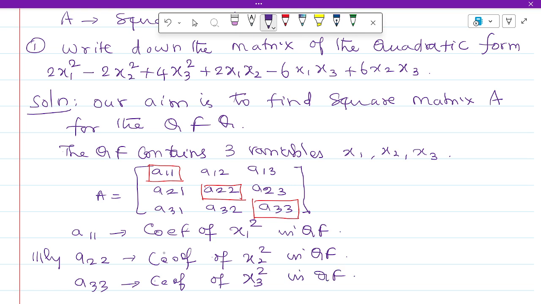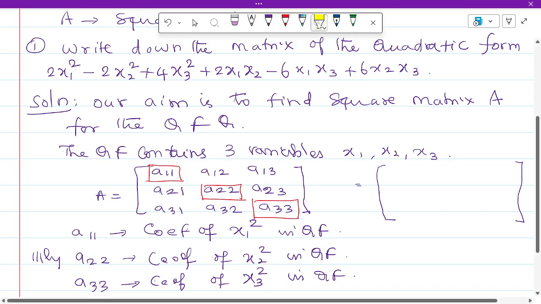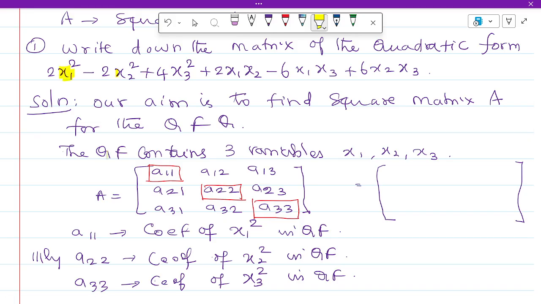Okay, now listen. You can form the 3 by 3 matrix here. Now you have to identify where is x1 square, where is x2 square, where is x3 square. Their coefficients should be in their places. The x1 square coefficient is 2, the x2 square coefficient is minus 2, the x3 square coefficient is 4.